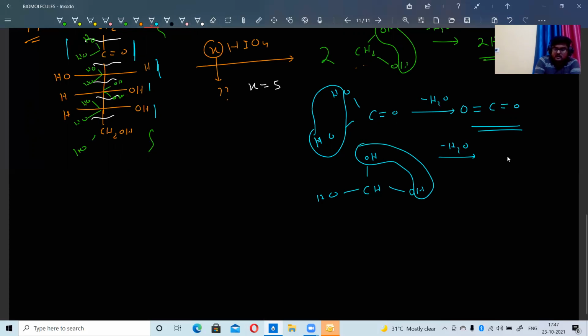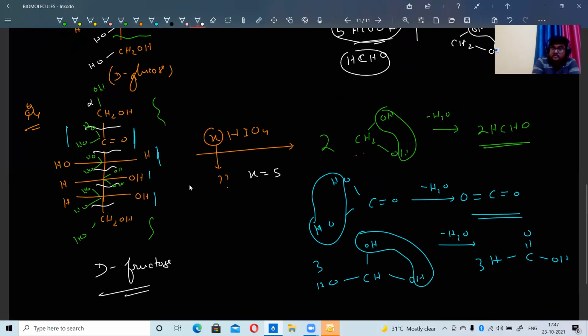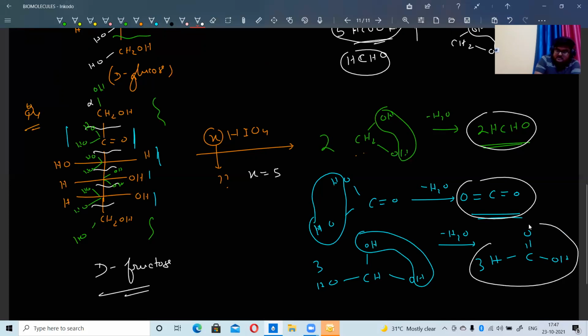After removal of water, you get 3 moles of formic acid. So when D-fructose reacts with HIO4, it gives formaldehyde, carbon dioxide gas, as well as 3 moles of formic acid. Any doubt regarding this part? Do you have any doubt?